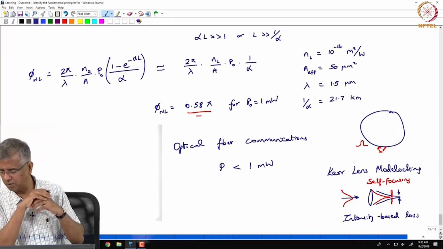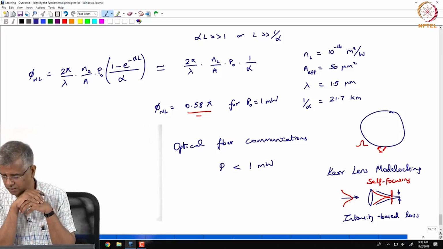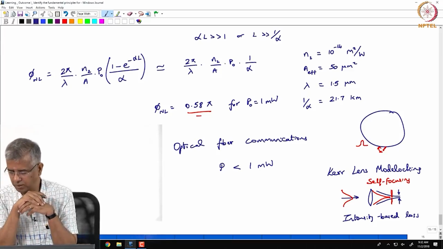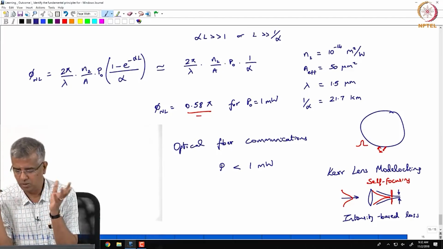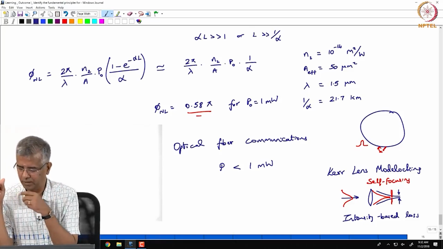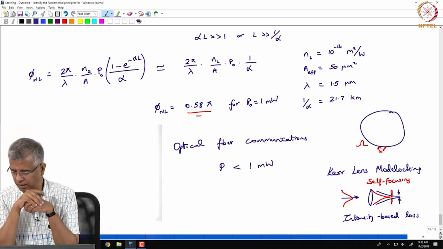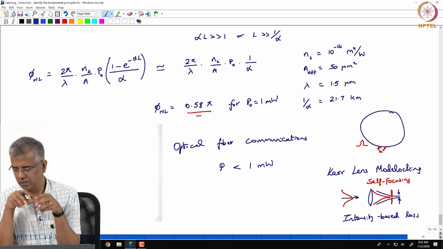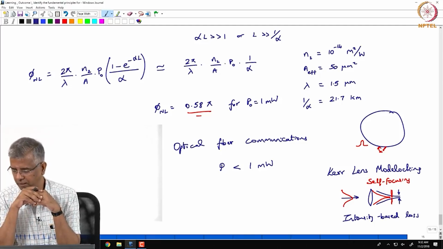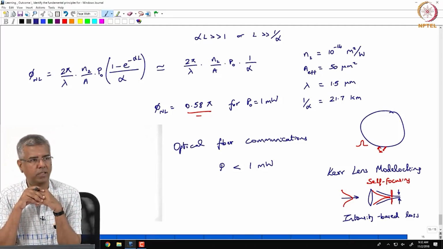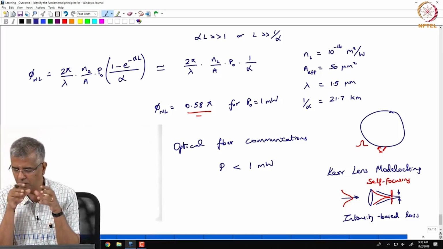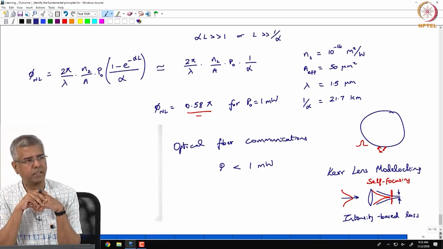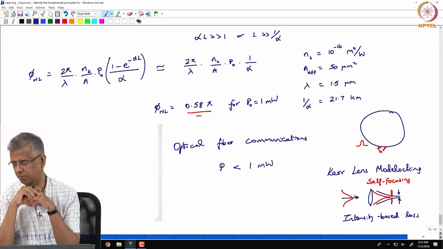So that's why we call it the Kerr lens effect, and you can use this to do mode locking, that is, you can use it to shape pulses within the cavity, and so that is actually a very good mechanism for mode locking a laser, okay. It's a very popular mechanism for mode locking a laser.